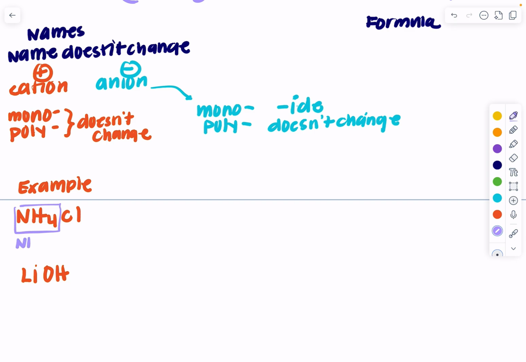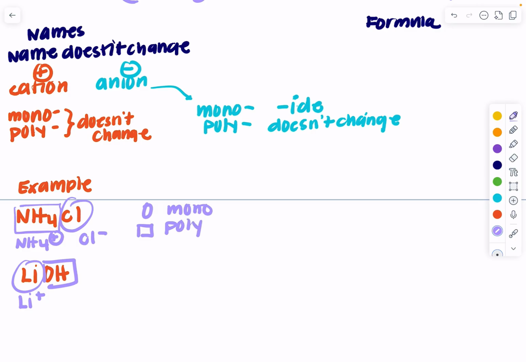We know that this is NH4 plus, and this is Cl minus. We just got that from the periodic table. Same thing here. We have lithium plus. This is monoatomic. This is polyatomic. So circles are mono, squares are poly. And we know that OH has a -1 charge, and you can look this up on your table. I got these from the handout or the table that I gave you guys.